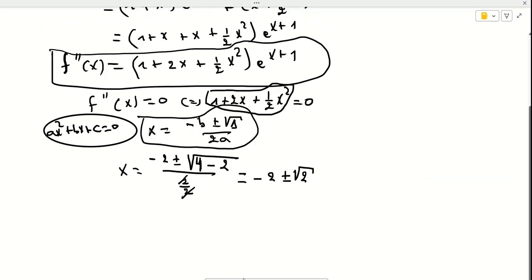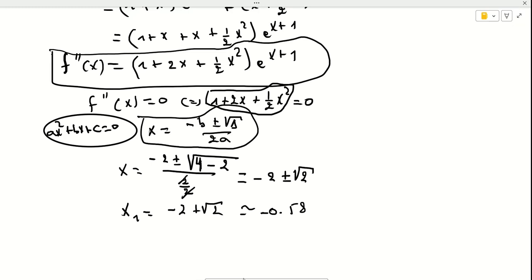So we have x1 equal to minus 2 plus square root of 2, which is approximately equal to minus 0.58.